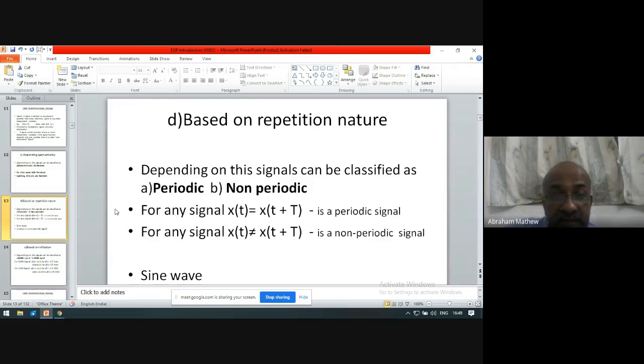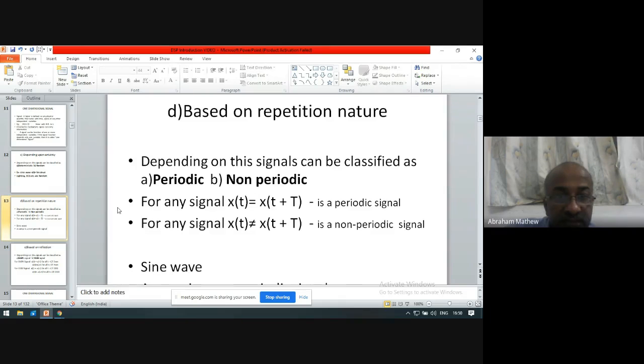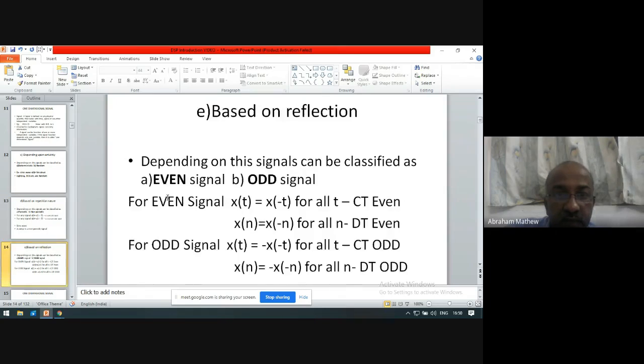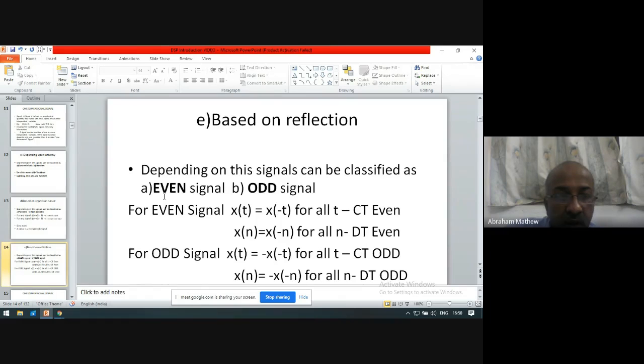Again, we can classify signal based on the repetition nature. That is periodic signal and non-periodic signal. So these are some of the classifications of signals.